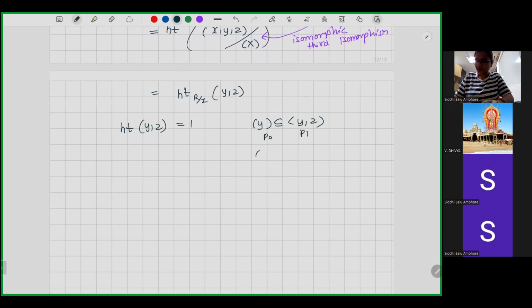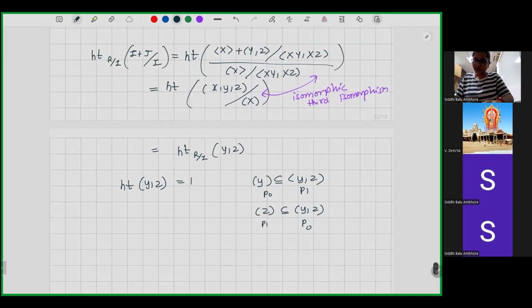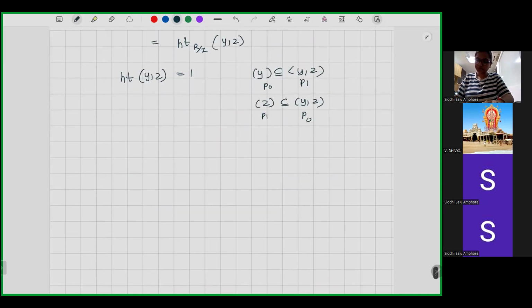This is my P naught, this is P1. Similarly, I can take this. So, therefore, the height of this x, which was 0, is less than the height of this x plus y comma z quotiented by x, which is 1.